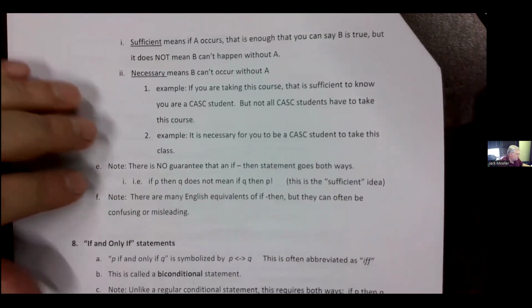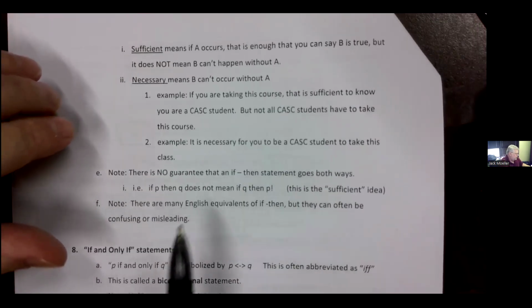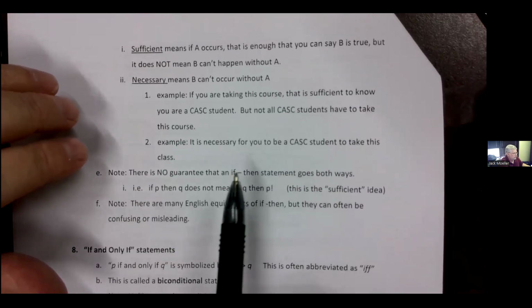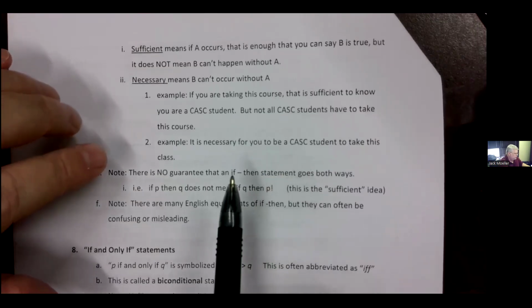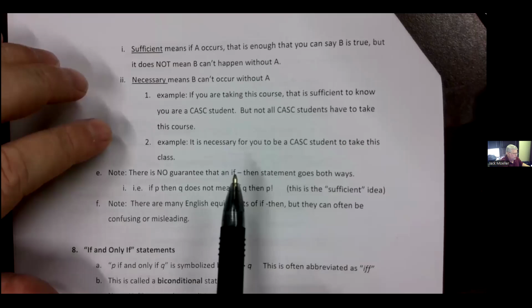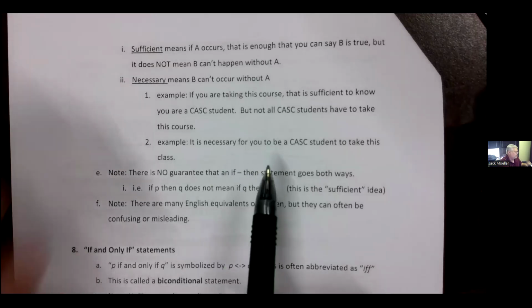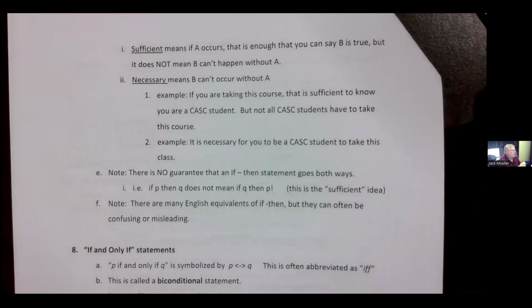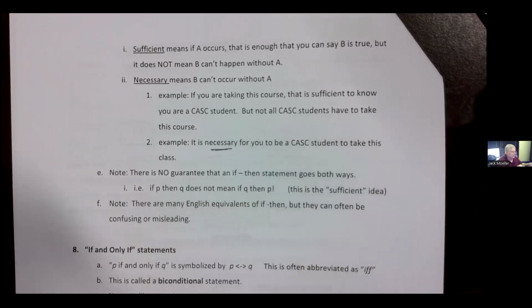If I say, if you're taking this course, then you're a Carl Albert student, it's sufficient for you to be a Carl Albert student if you're taking this course. But if you flip it the other way, being a Carl Albert student is necessary for you to take this class. You can't take this class unless you're a Carl Albert student. That's the necessary part, and it often happens if you flip an if-then.